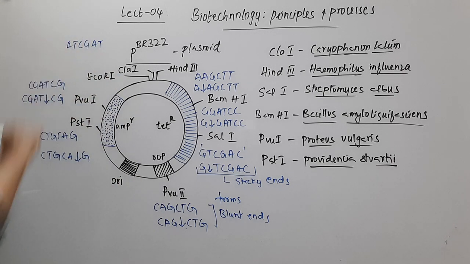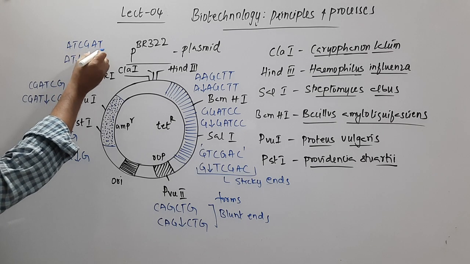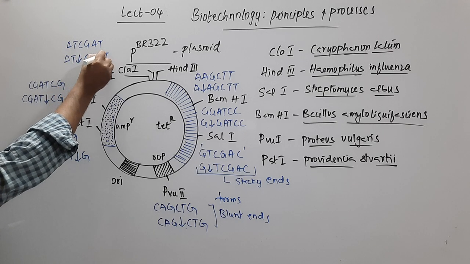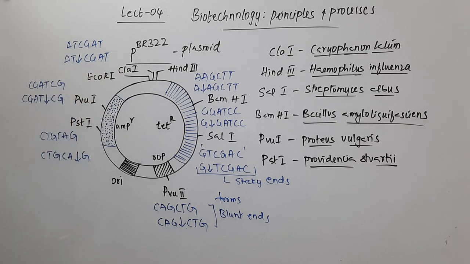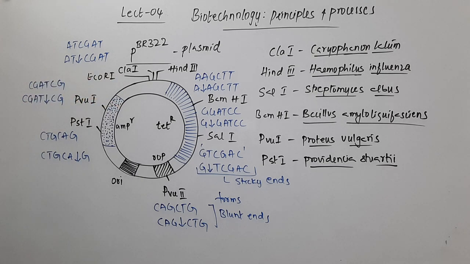And the cut will be between the T and C. So after recognizing this palindromic sequence ATCGAT, ClaI will cut between T and C.